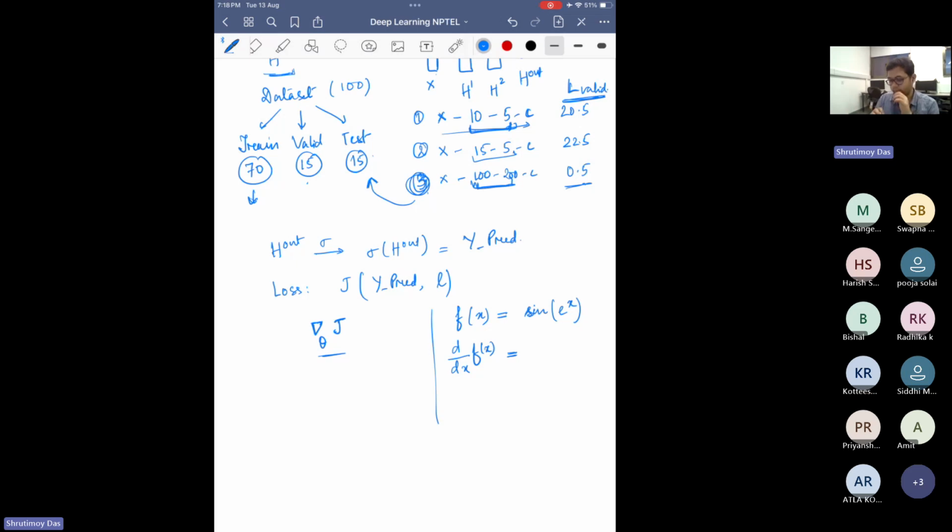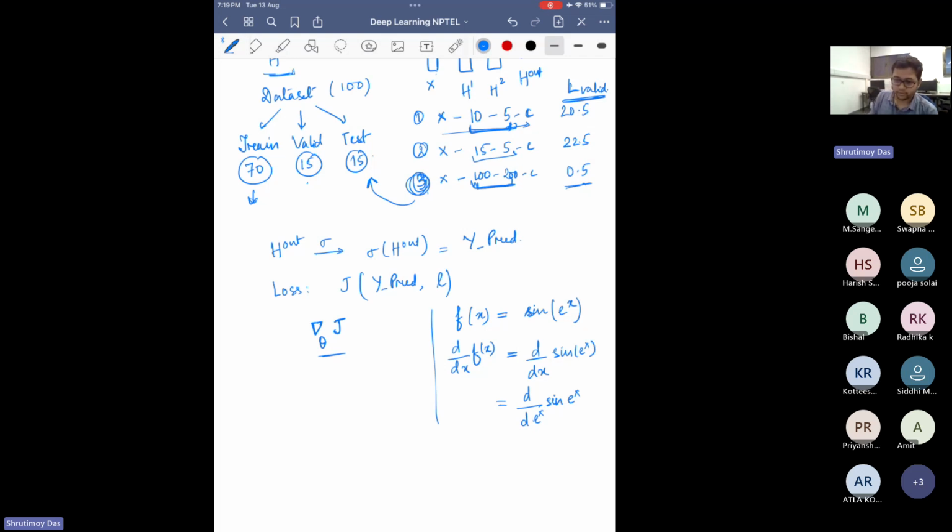First of all, we want to compute the derivative of sine of e to the x. What we will do is first differentiate sine of e to the power x with respect to e to the power x.